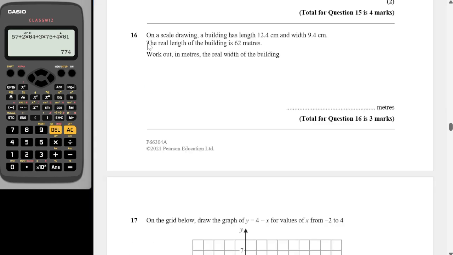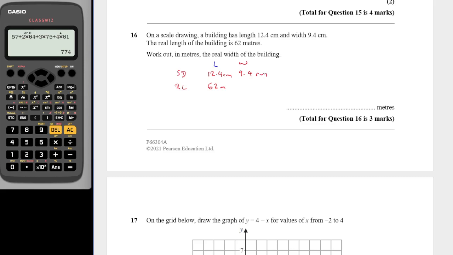Okay, question 16. On a scale drawing, a building has a length of 12.4 centimeters and a width of 9.4 centimeters. The real length of the building is 62 meters. Work out in meters the real width of the building. So we've got length and width. We've got on the scale drawing 12.4 and 9.4, and then the real length is 62 meters. To be fair, it doesn't really matter about my units as much as it should.